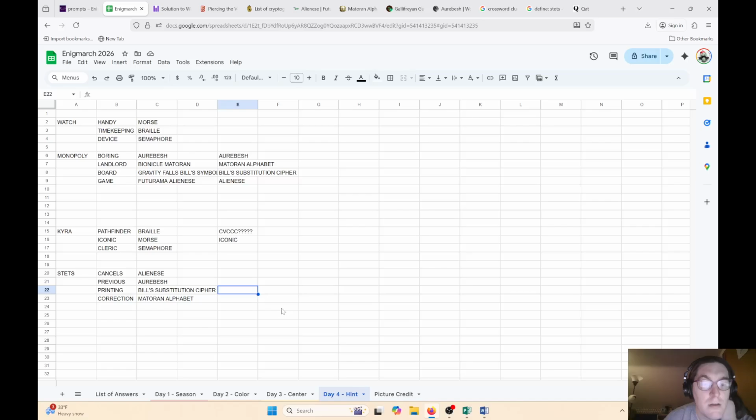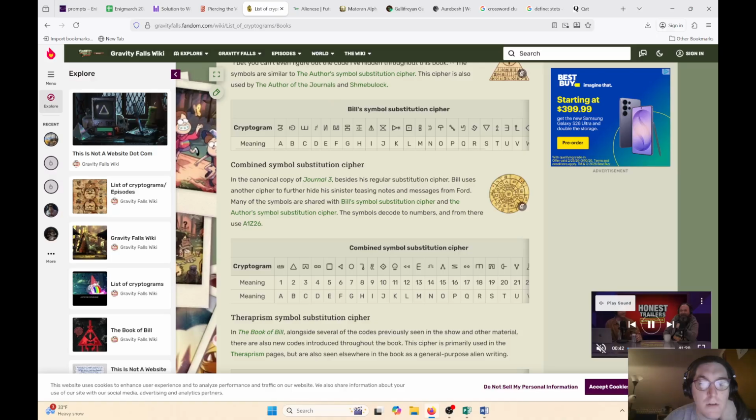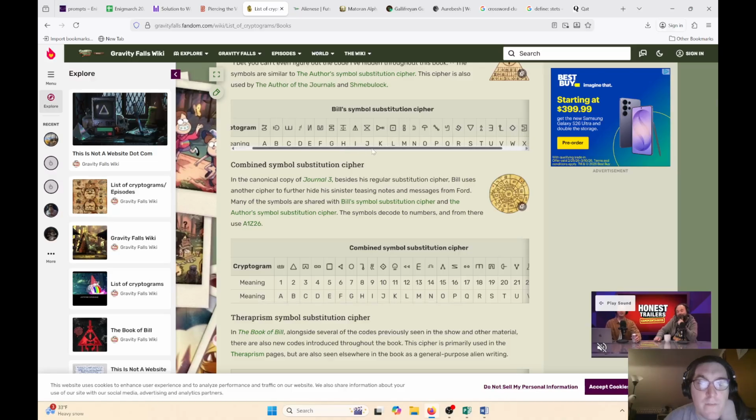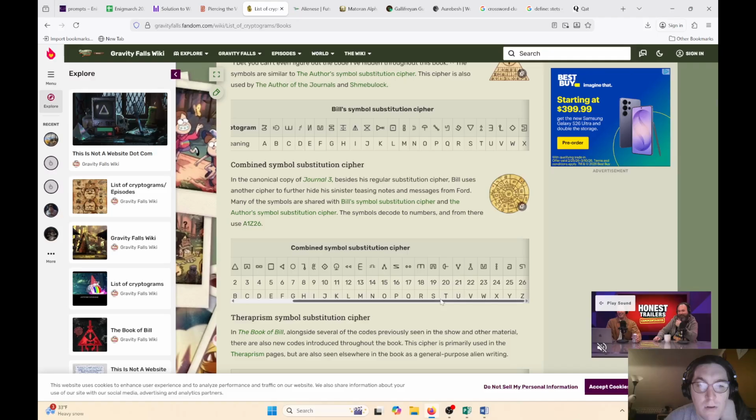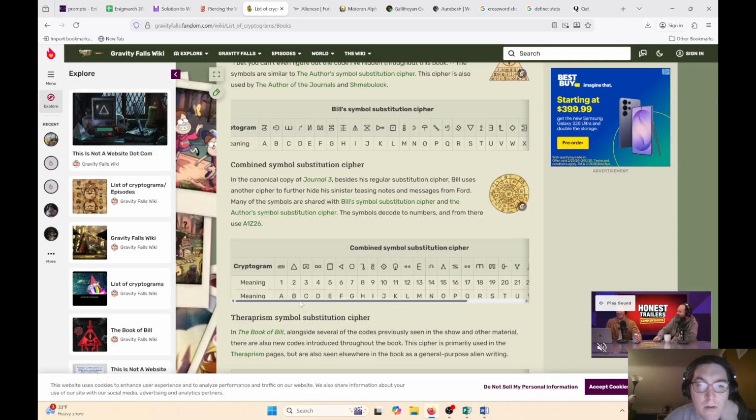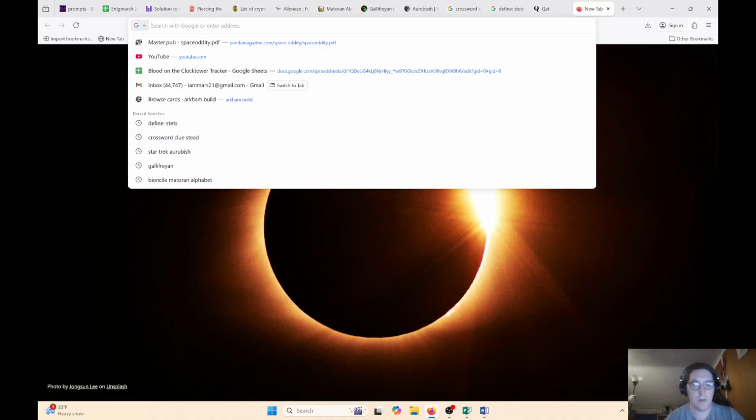Printing. Okay, Bill's substitution cipher. Does the triangle with a line down, I wonder if that's in Unicode.